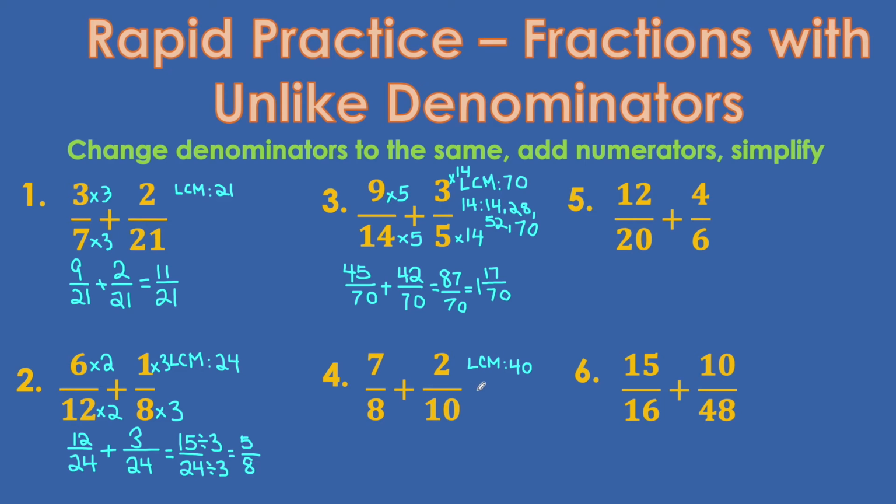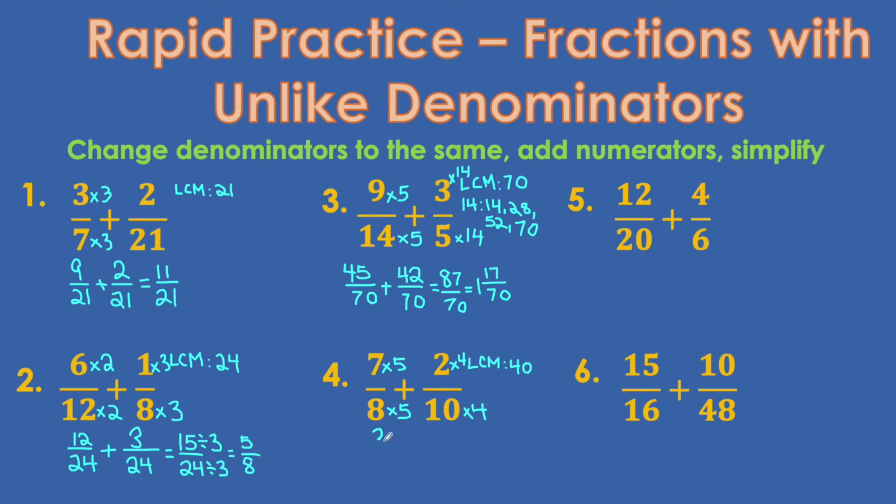Now we have to convert both fractions so that the denominator is 40. Now you have to think, 8 times 5 equals 40. Then multiply the top also by 5. Then the second fraction, 10 times 4 is 40. Then multiply the top also by 4.